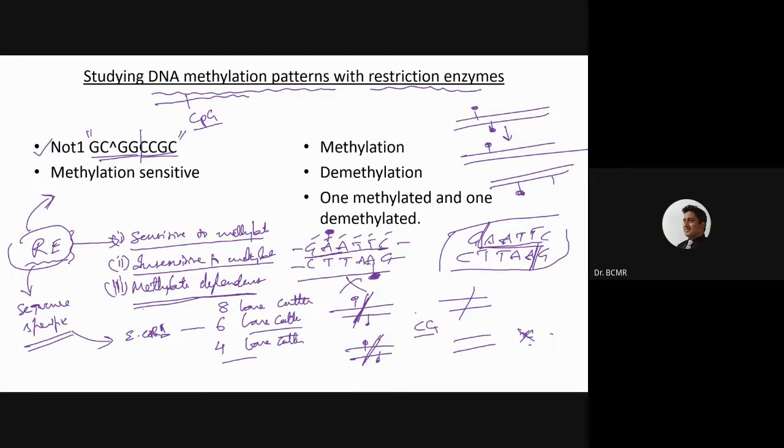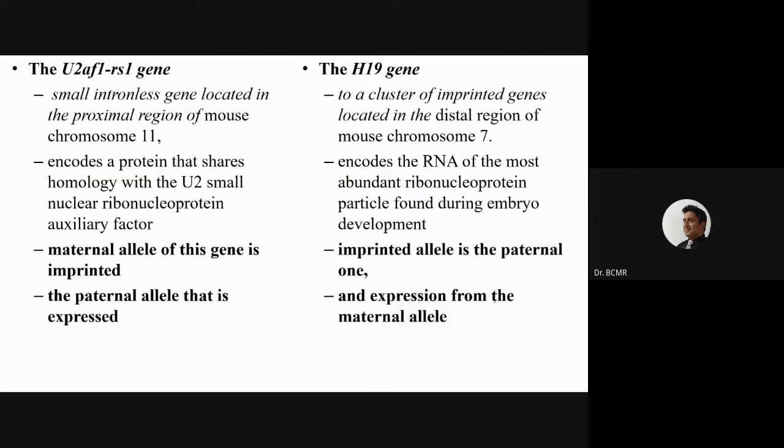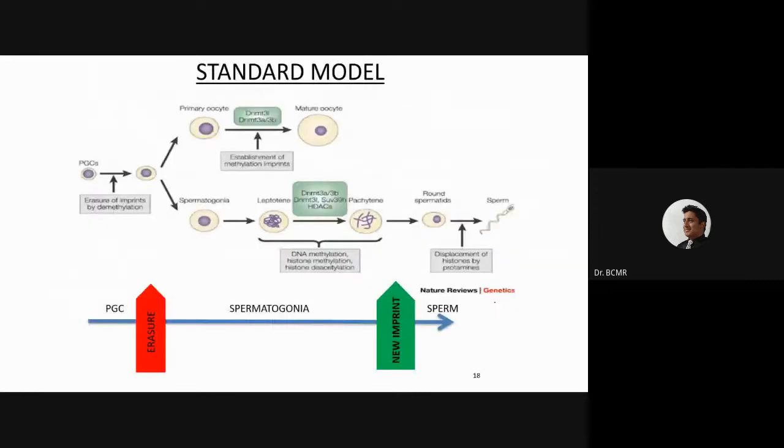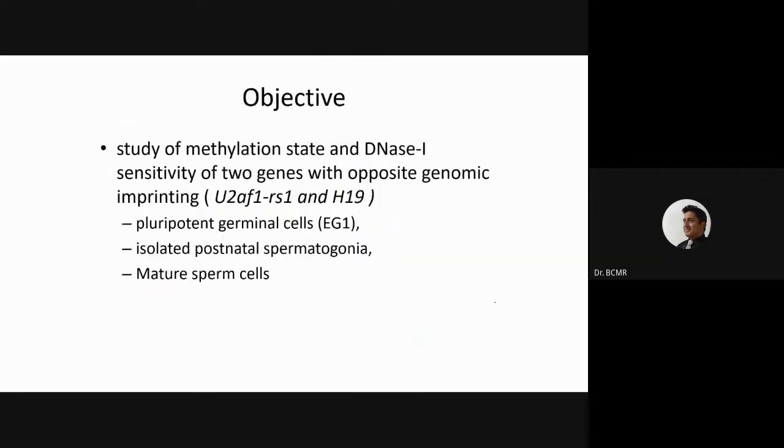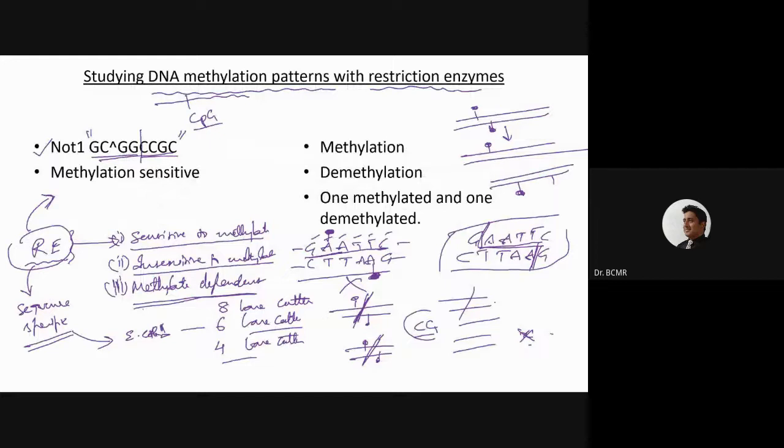So the probability of EcoR1 falling within the region of DNA methylation is very low. So we will actually use several other restriction endonucleases that are useful for analysis of DNA methylation patterns. Okay, I'll stop here. If you have any questions, please let me know.